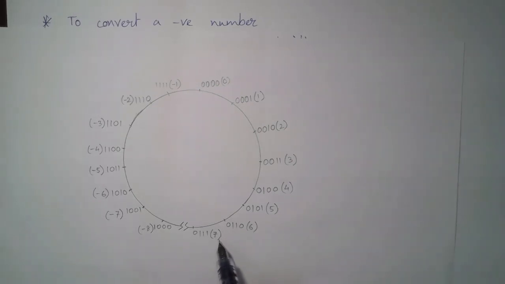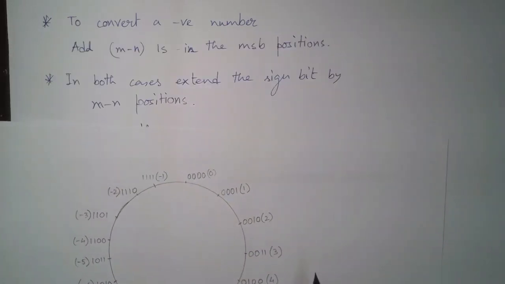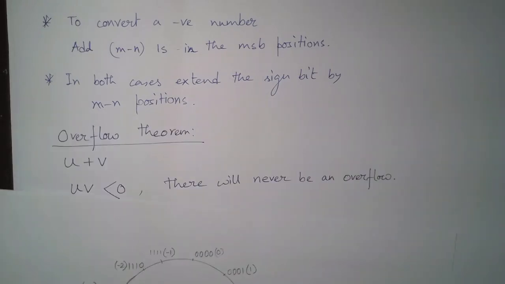Okay, so 7 into -8 is -56, so it is less than 0. Now it says that you will never have a problem of overflow if you need to add these two numbers. So -8 plus 7, so basically you can go in this number circle to find out what will be the answer. So it is -1, so it is within the range. Similarly, you can take any number and you will see, you can take other extremes like one very small number, one large number, and you will see this condition is always met.